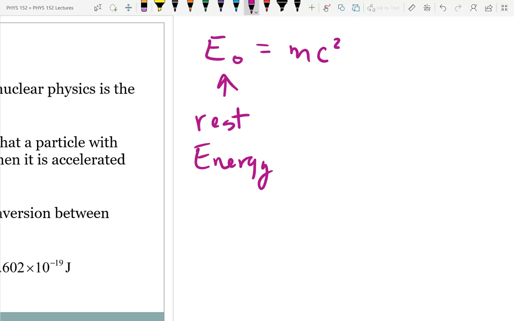How many people have seen E equals mc squared? I'm guessing every hand will go up here. The E in that equation is the rest energy. It's not the total energy, which is what E usually stands for. It's the rest energy. So if I have a particle at rest, like my body, I'm at rest here as far as we can tell.